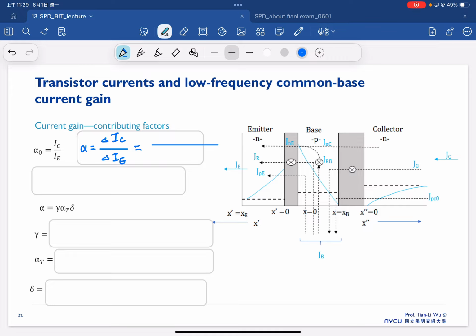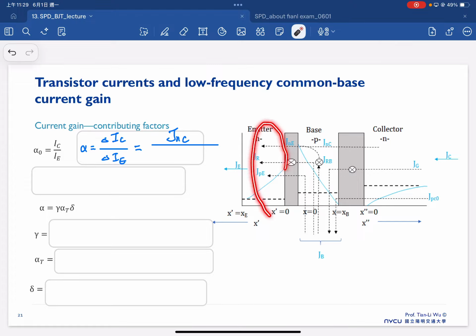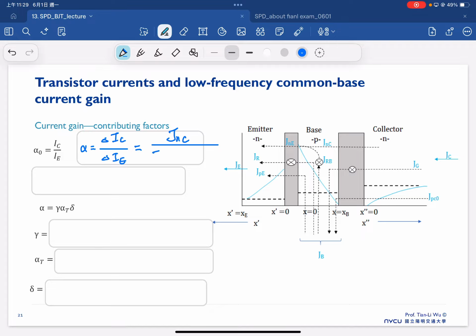So the first one, the collector current, will be equal to the JNC as shown here. But for the emitter current, the current that reaches the emitter side, now we have to consider the JNE plus the JR plus the JPE here.